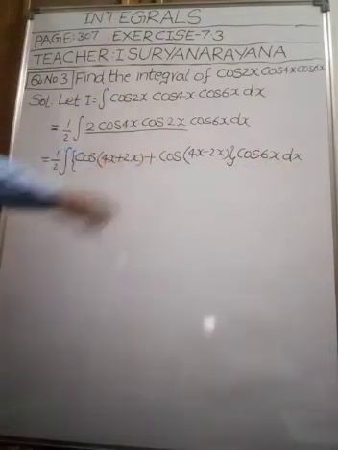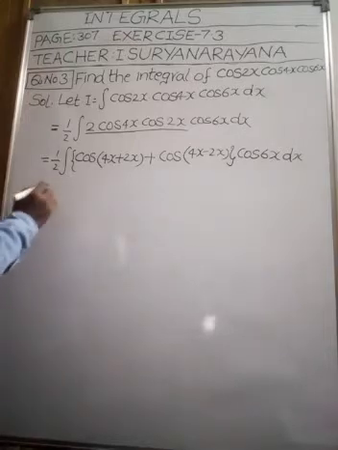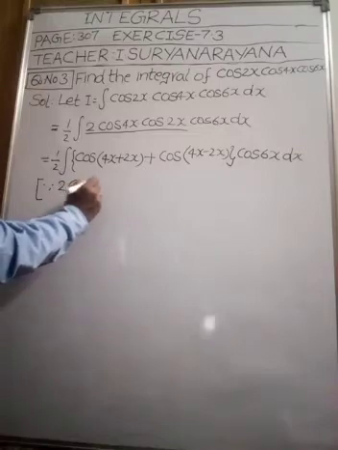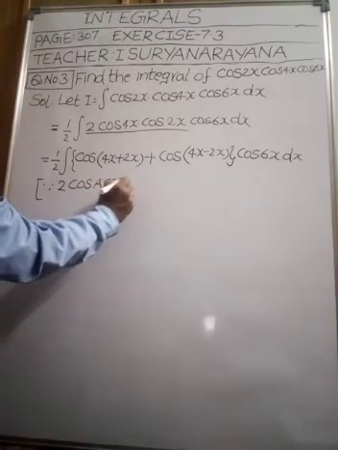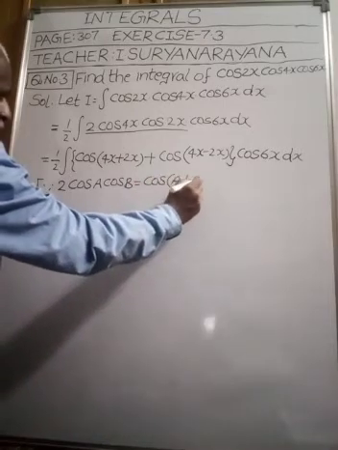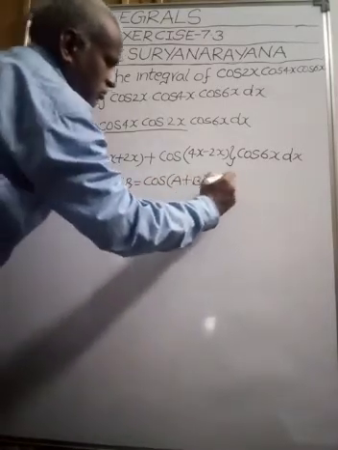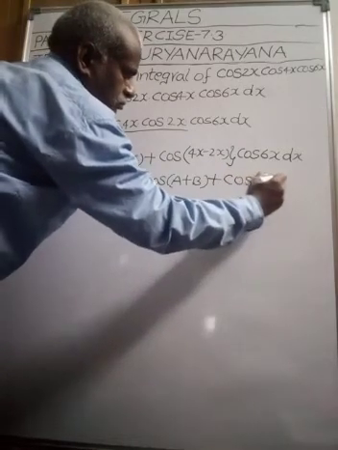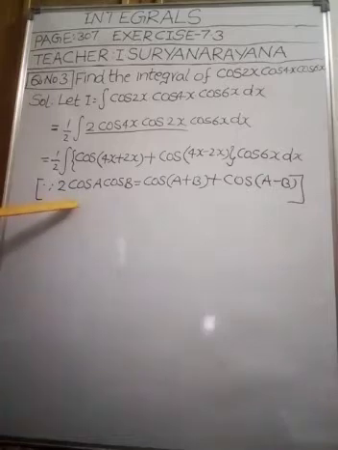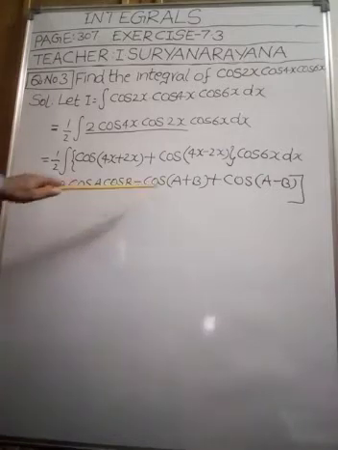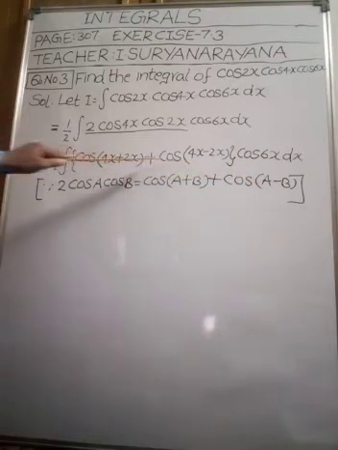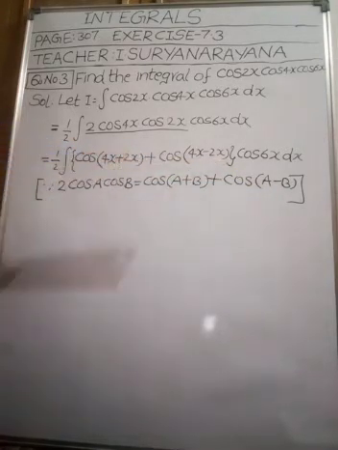Understood, my children? By using the trigonometric identity 2 cos A cos B is equal to cos of A plus B plus cos of A minus B, we got this step.